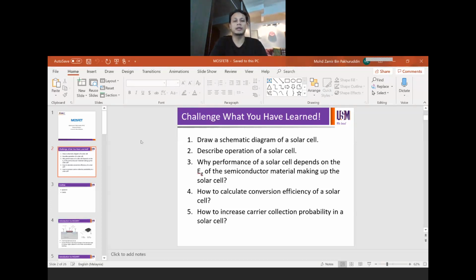How does it look like? What should we have in a solar cell? The basics. What are the basic structures of a solar cell? Come on, let's recall a little bit before we move on. What is in a solar cell?